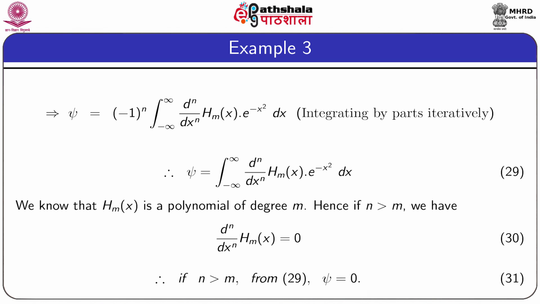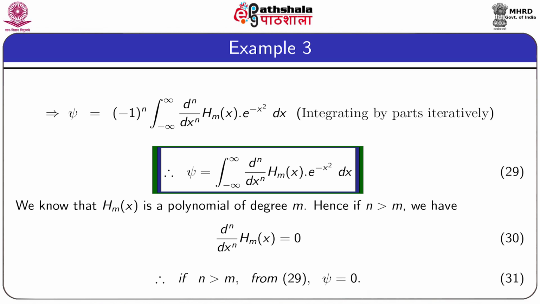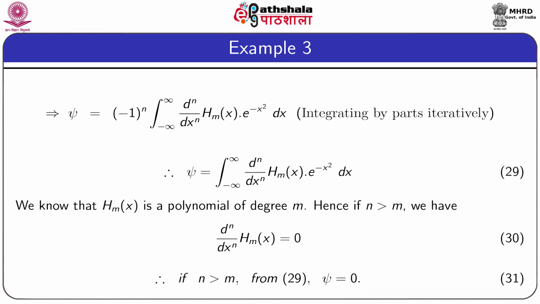Integrating by parts iteratively, we will come to equation number 29, which is the integral from minus infinity to plus infinity of the nth derivative of H_m(x) times e to the power minus x square dx. Now, H_m(x) is a polynomial of degree m.